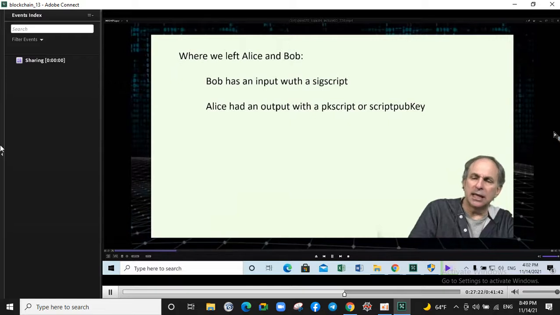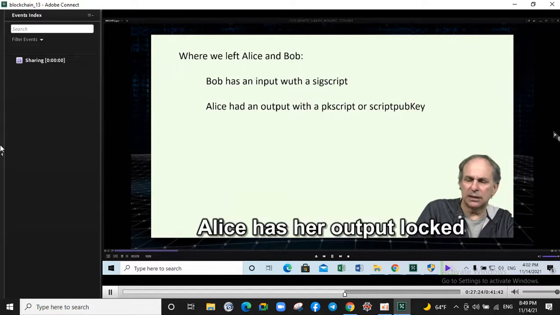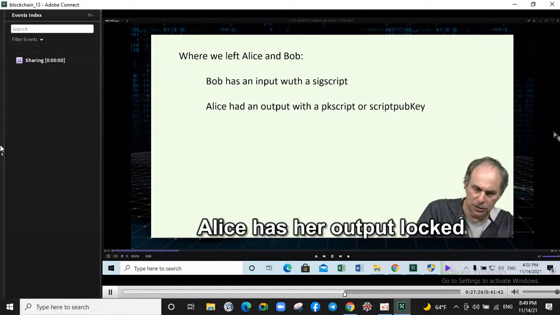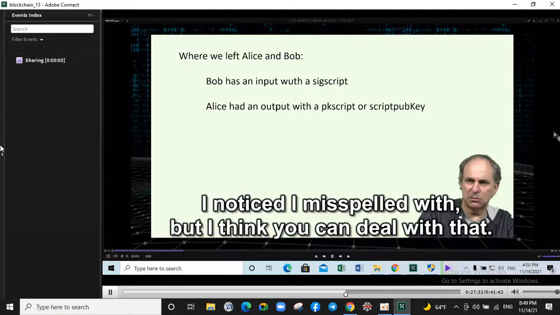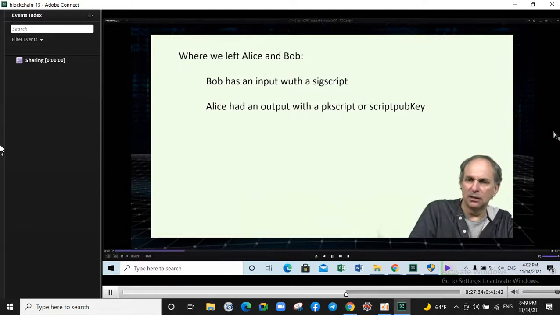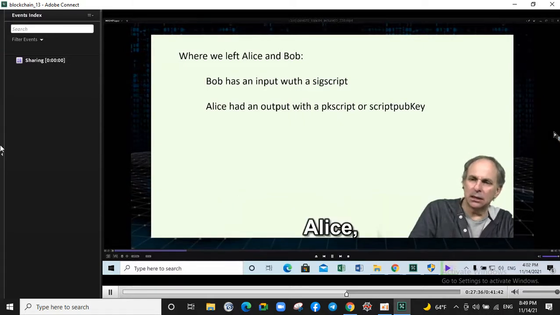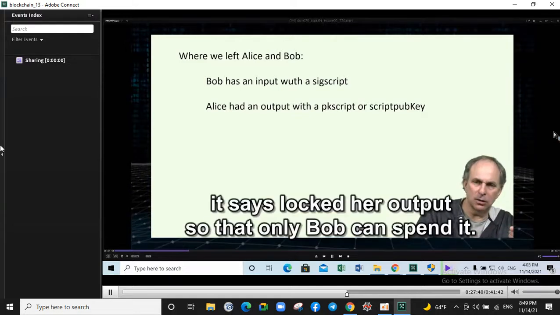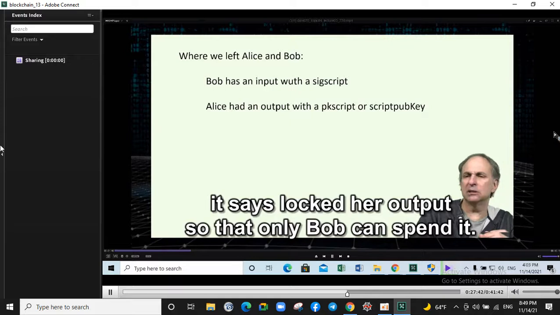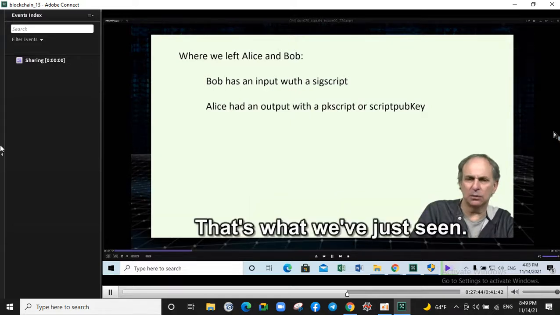And that's a sort of lock. So Alice has her output locked so that only Bob, who's got a SIG script, I notice I've misspelled that, but I think you can deal with that. Alice has locked her output so that only Bob can spend it. That's what we just saw, right?